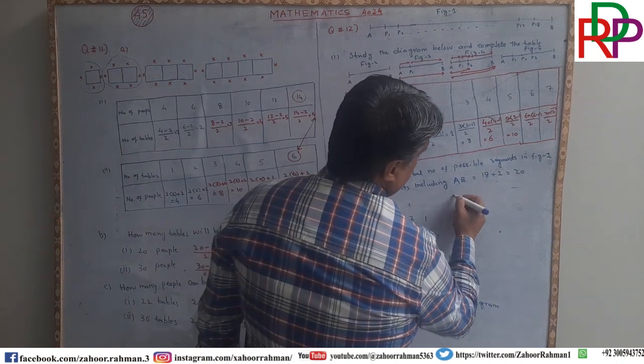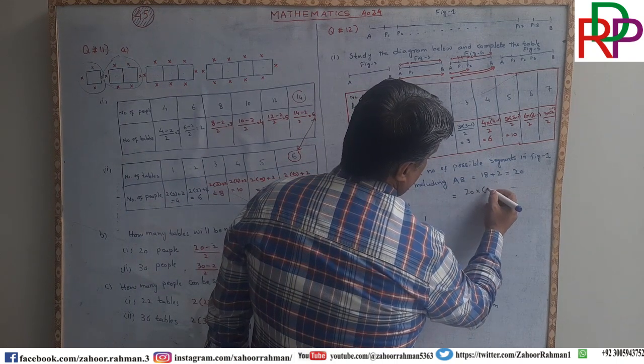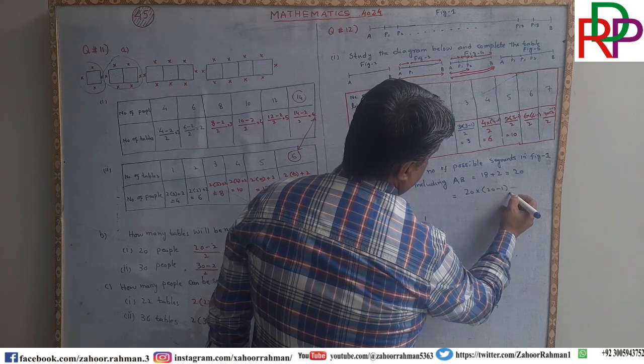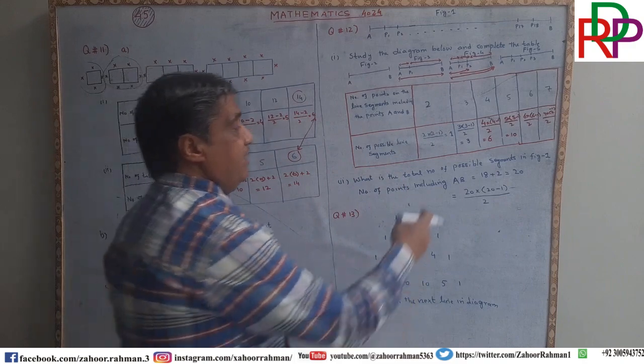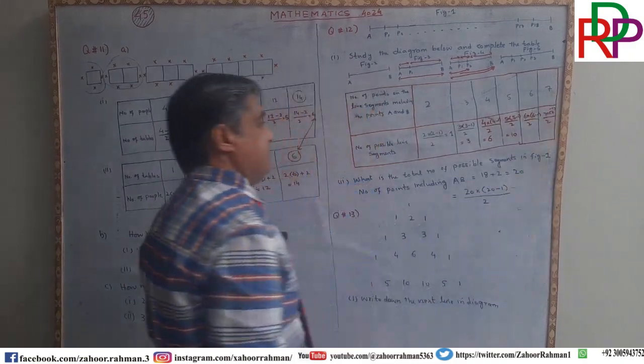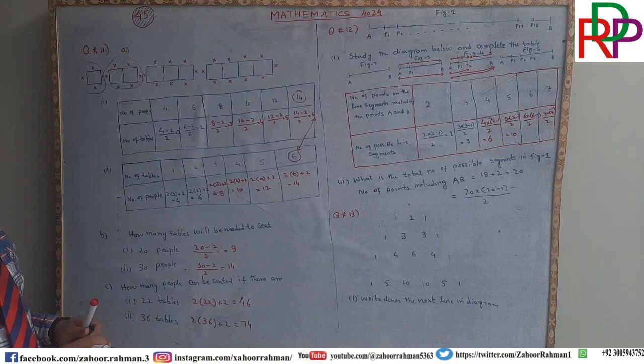Now 20 into 20 minus 1 divided by 2, according to this formula and according to that number pattern.